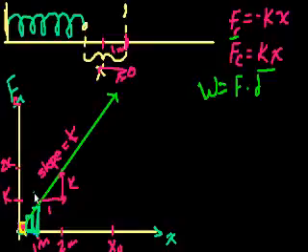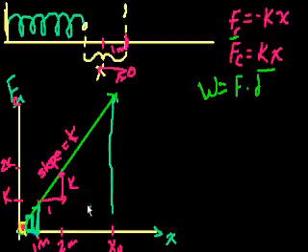And actually, I'm touching on integral calculus right now. But if you don't know integral calculus, don't worry about it. But the bottom line is the work we're doing, hopefully I showed you, is just going to be the area under this line. So the work I'm doing to displace the spring x meters is the area from here to here.